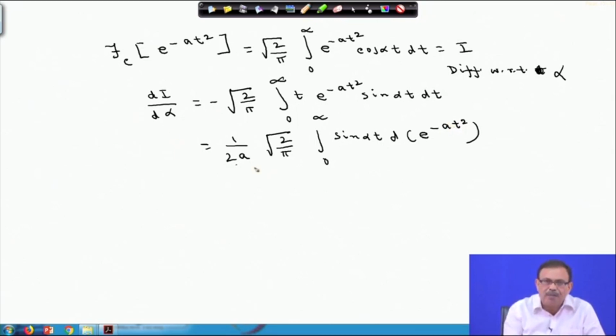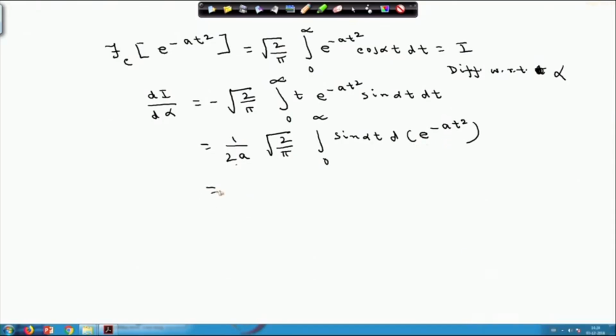So, dI d alpha becomes 1 by twice a root over 2 by pi, integral 0 to infinity sin alpha t into d of e power minus a t square. So, I can write it as 1 by 2a root over 2 by pi will be coming here, and directly I can write it as d of this.